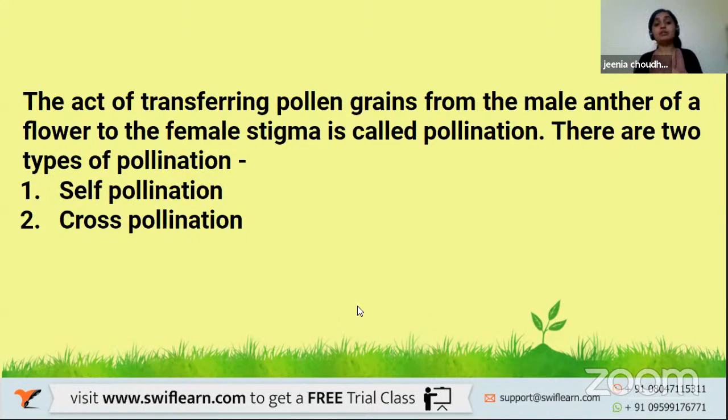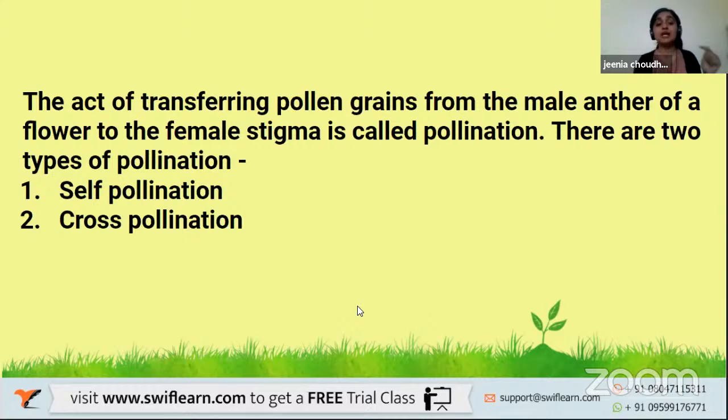Now, the act of transferring pollen grains from the male anther of a flower to the female stigma is called pollination. There are two types of pollination that happen. There is self-pollination and there is cross-pollination. Okay. Now we read what is pollination, transferring the pollen grains from one place to another.